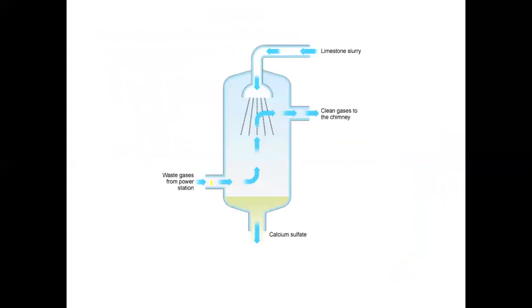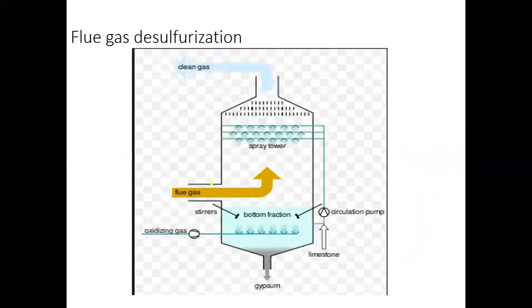And this is another picture of a wet scrubber. Okay, this is a very clear one. Here you can see the flue gas enters the scrubber vessel or absorption vessel, usually at the bottom. And the scrubber liquid is distributed at the top of the vessel. Here the limestones are fed. We can use water, but if we use limestone, we can increase the efficiency.